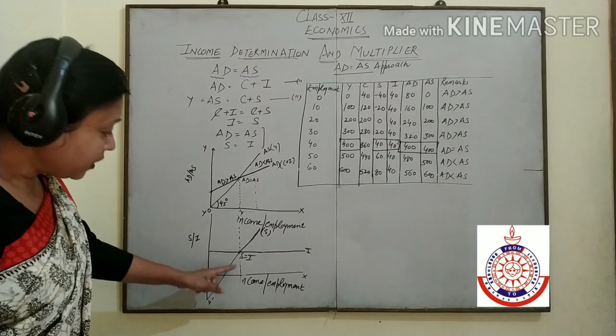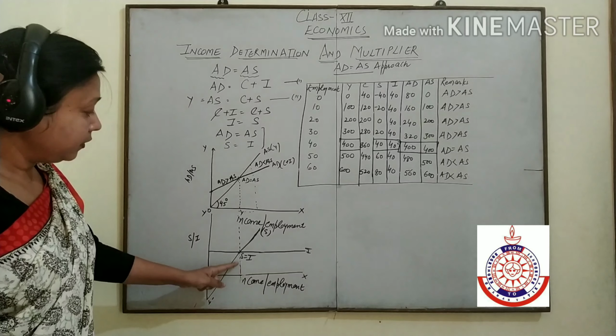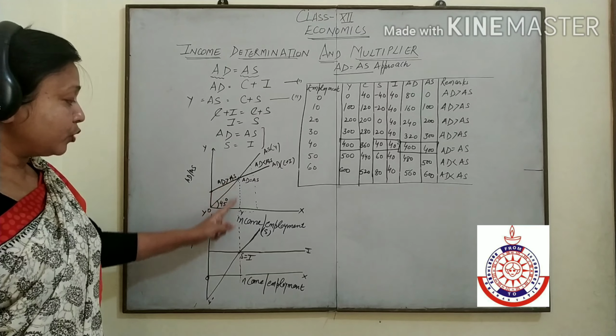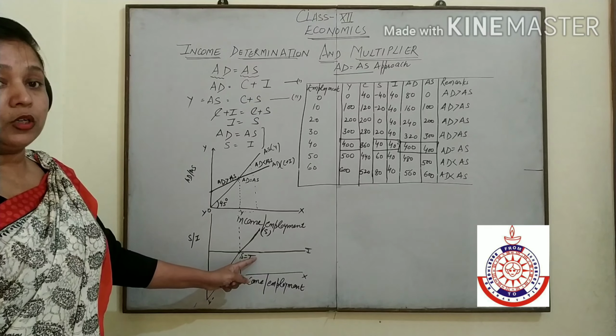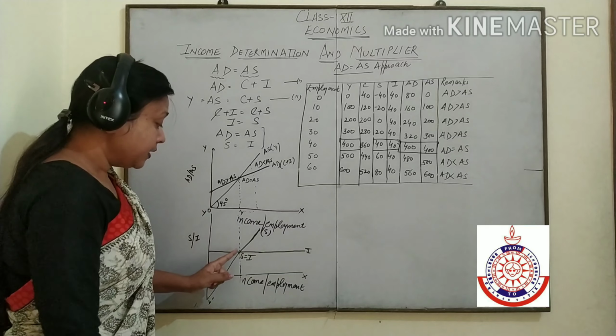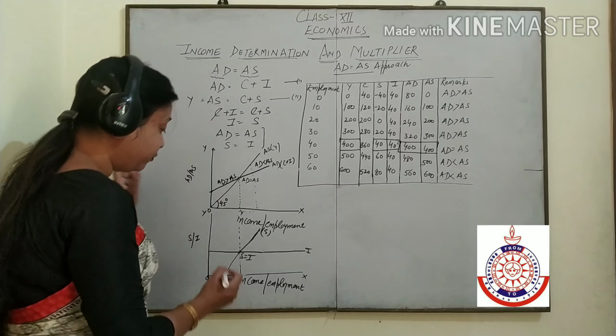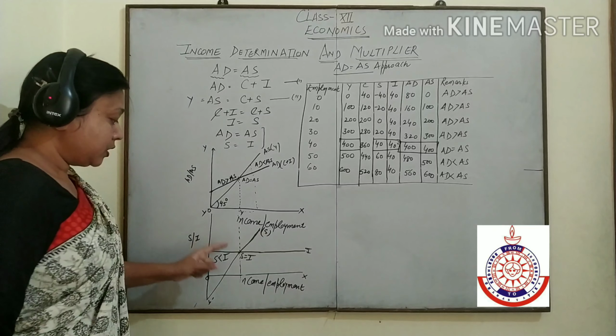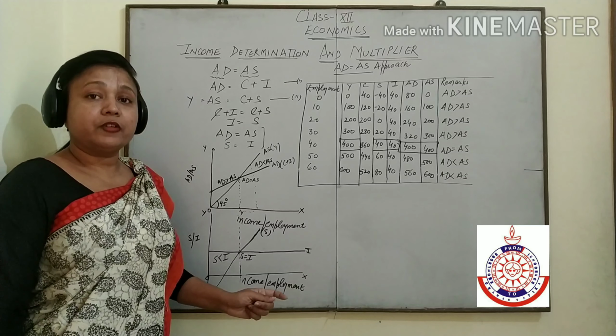If saving is equal to investment, then the same level of income. At 400, saving is equal to investment. This is our equilibrium. See, before that, saving is less than investment.